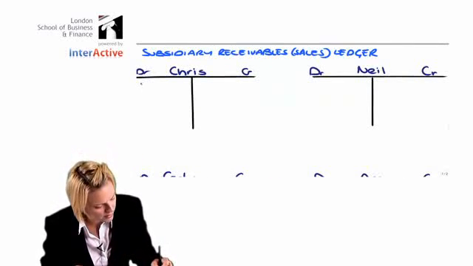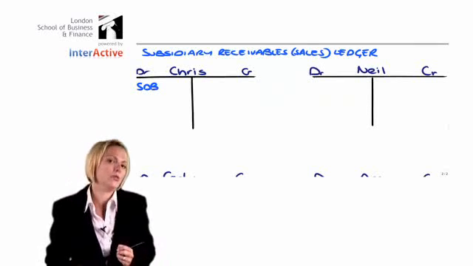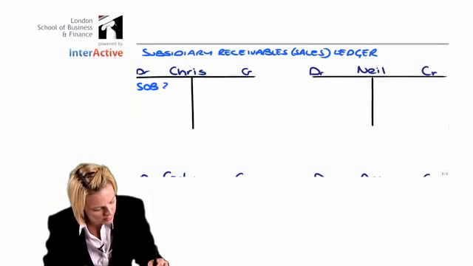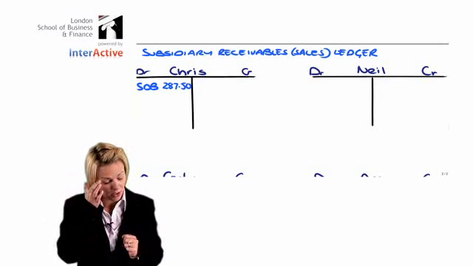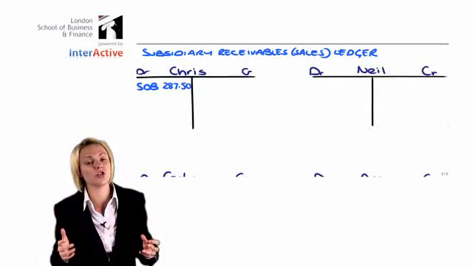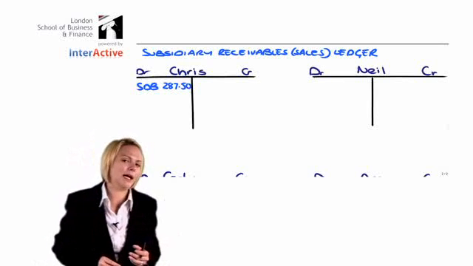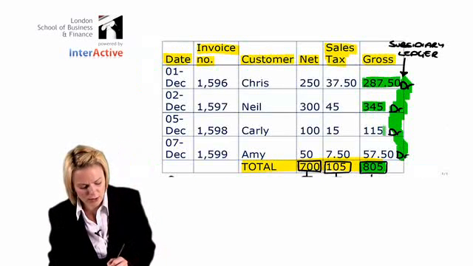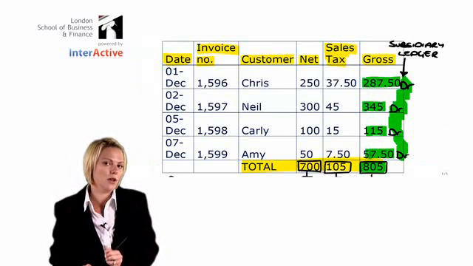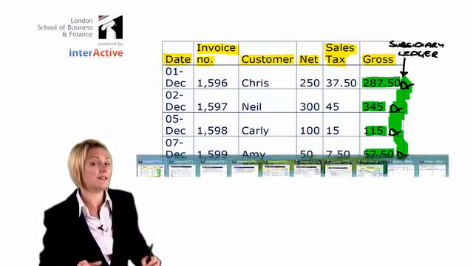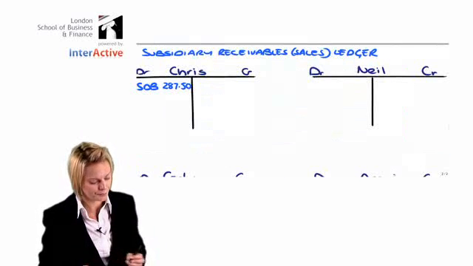So customer Chris, from the sales day book, I'm just going to abbreviate that to SDB. Customer Chris owes me $287.50. Okay. So we're saying of that $805 that we've posted to the control account, Chris owes me that amount. We're going to do the same for Neil, Carly and Amy as well. Break down that overall total gross amount to the control account into 4 individual gross amounts as well.